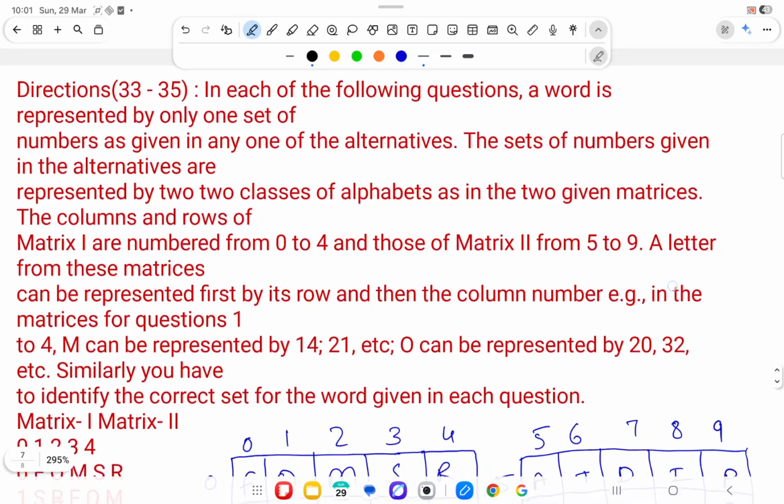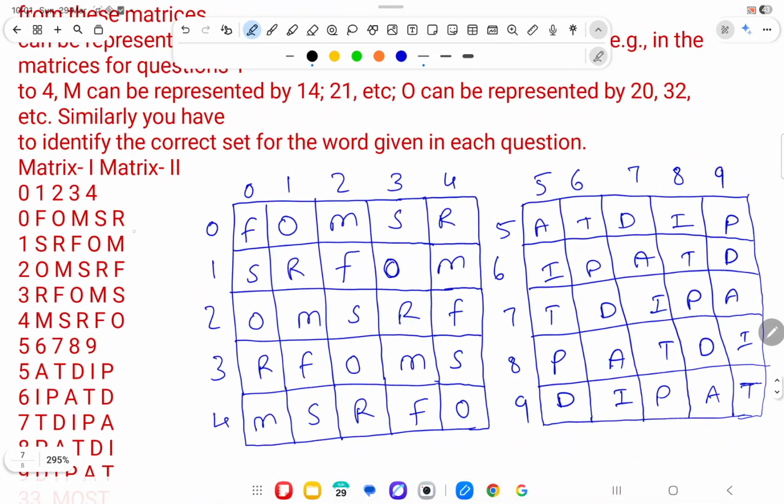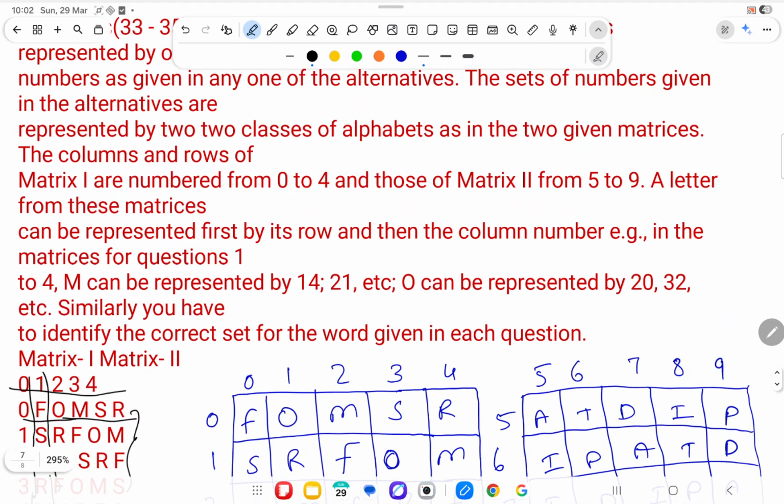Then the matrix given here should be like this, but you couldn't find it from this, so I have drawn it again here. Some conditions are given. Matrix 1 is to be read from 0 to 4, and those of matrix 2 from 5 to 9.